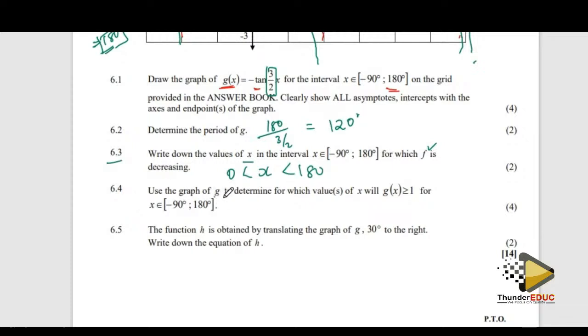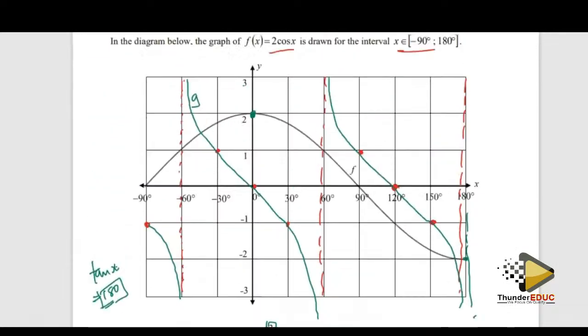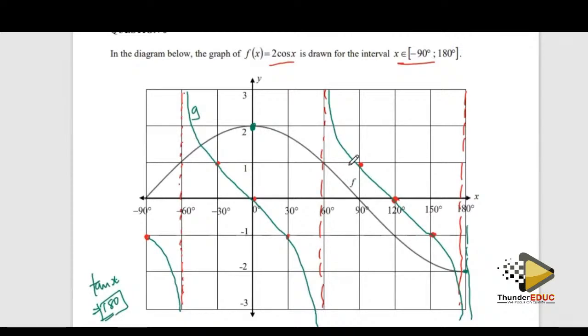Then use the graph of g to determine which values of x will g of x be greater than or equal to 1. So where do we find the graph of g to be above positive 1? We can see that from here, because that's a 1. So in this area, g is above 1. Same story here, g is above 1. So we can talk about the intervals of negative 60 to negative 30, or 60 to 90. Those are the intervals that they need.